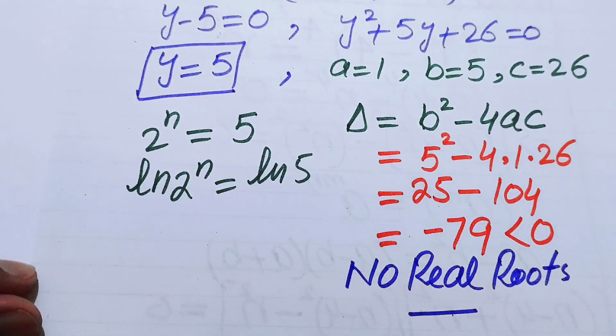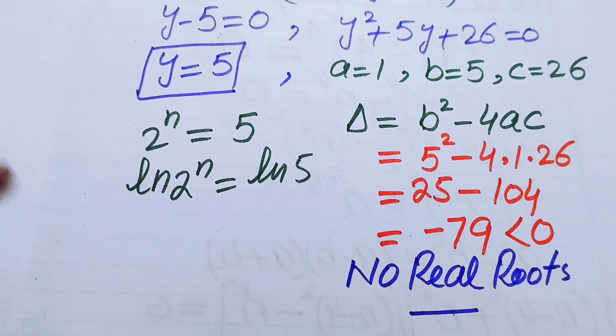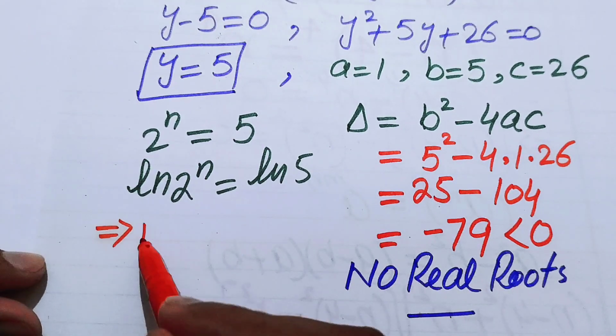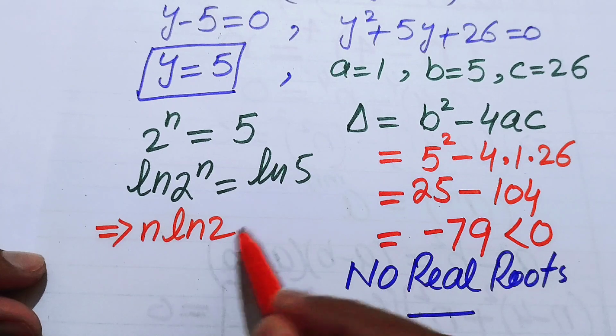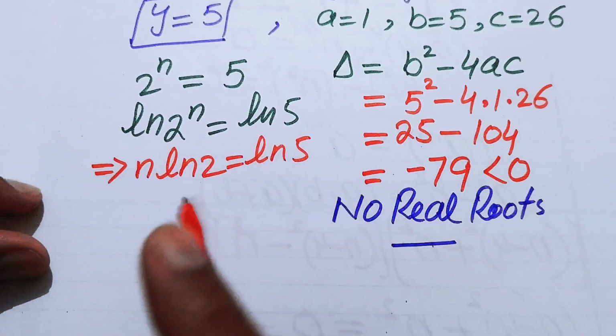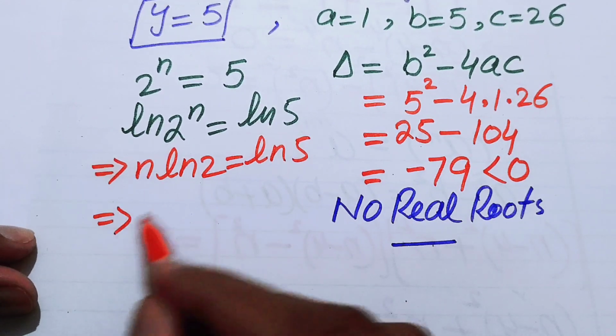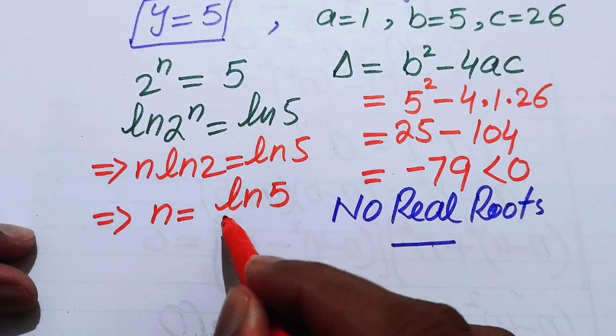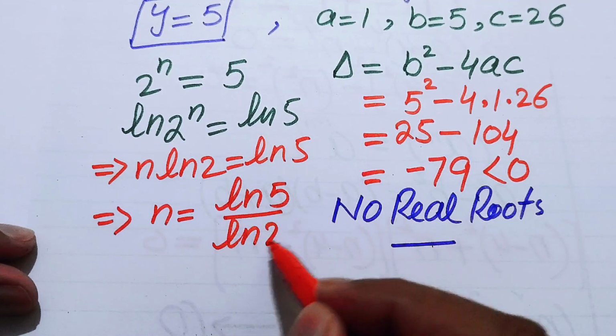And now we use the property of logarithms in order to find the value of n. We move this n in front of the log, so you get n times log 2 equals log 5. Now we move this log 2 to the right hand side, and you will get n equals log 5 over log 2.